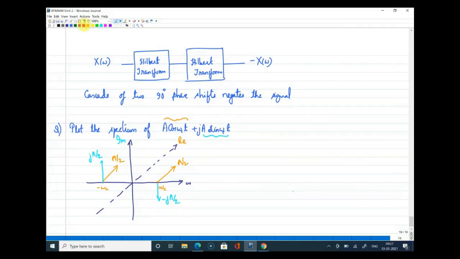That multiplication I'm doing using this red color. When I multiply this with j, because j and minus j, this will become A by 2. So I'll get one more component here, which is A by 2. I need to add that because both are appearing at the same frequency.